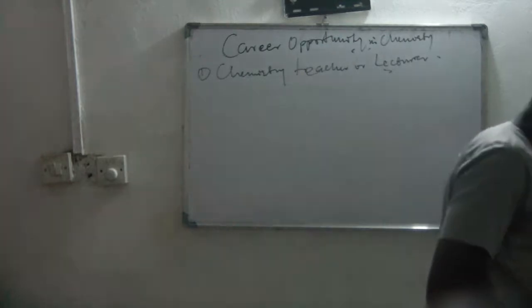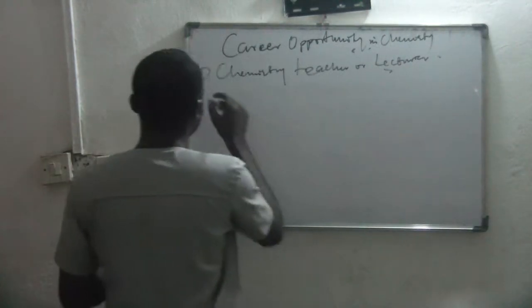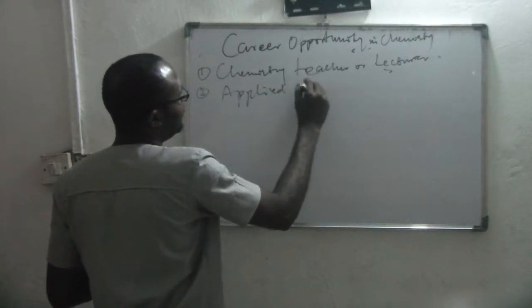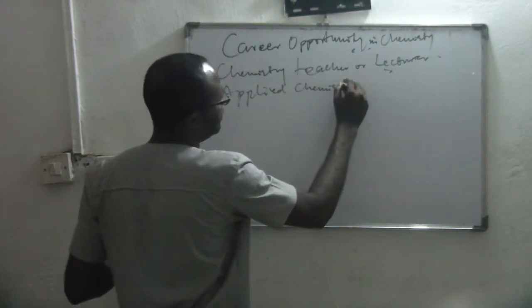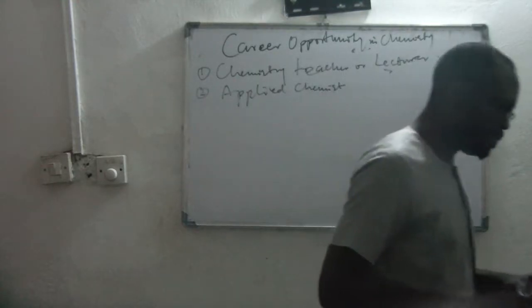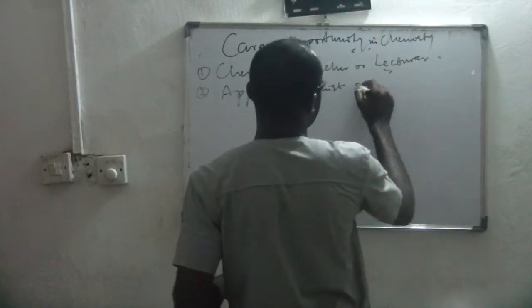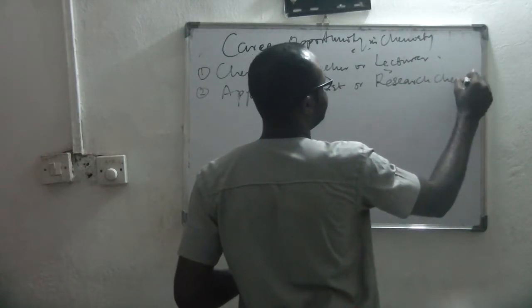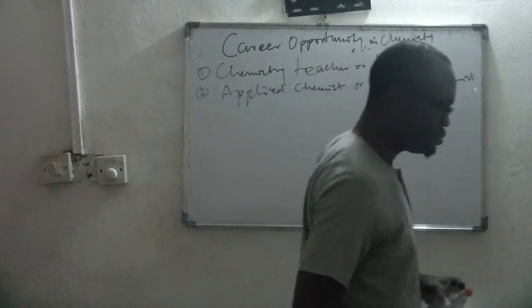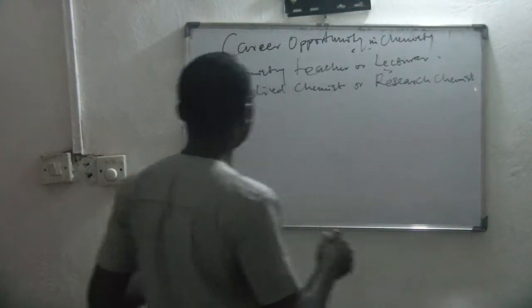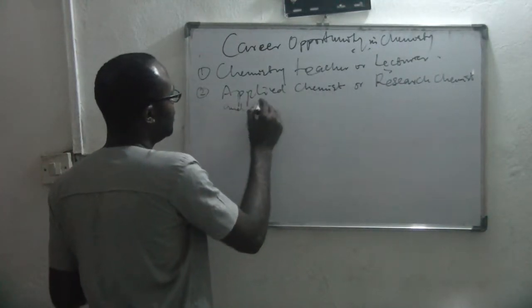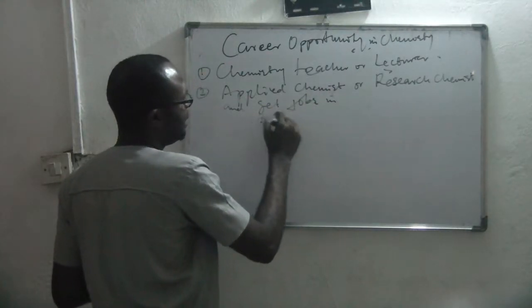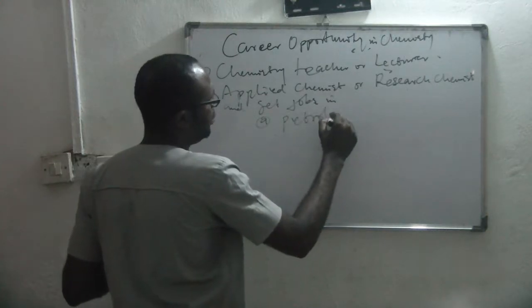Another one is that you can become an applied chemist. You can become an applied what? Chemist. Can become an applied chemist or research chemist. So that you can get jobs in areas like petroleum.